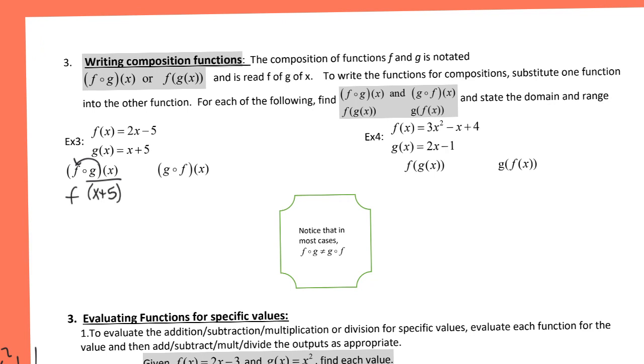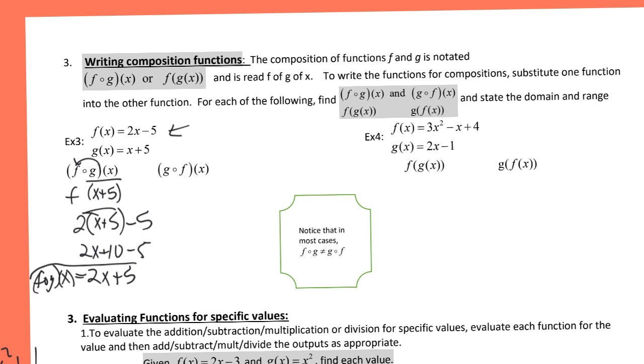And we're going to put that right into function f, where instead of doing f of a number, we're going to do f using x plus 5 as the input. So we're going to do 2, and when you see x, we're going to go up to the top equation, 2, and then x plus 5, and then subtract 5. So you distribute and combine like terms. You get 2x plus 5 is equal to f of g of x.